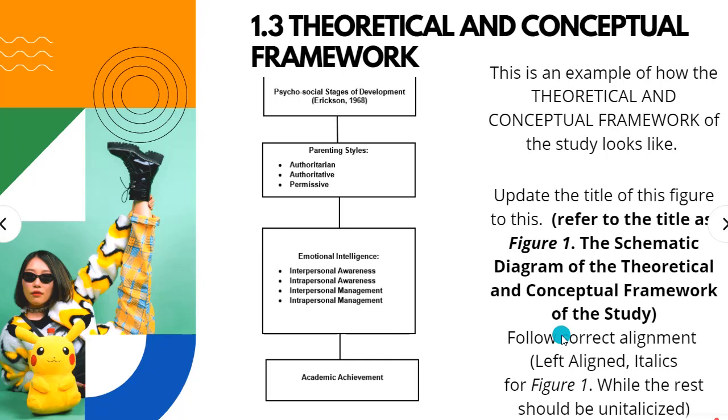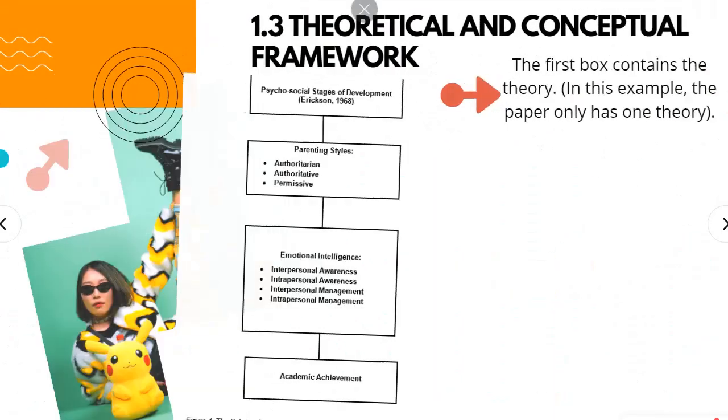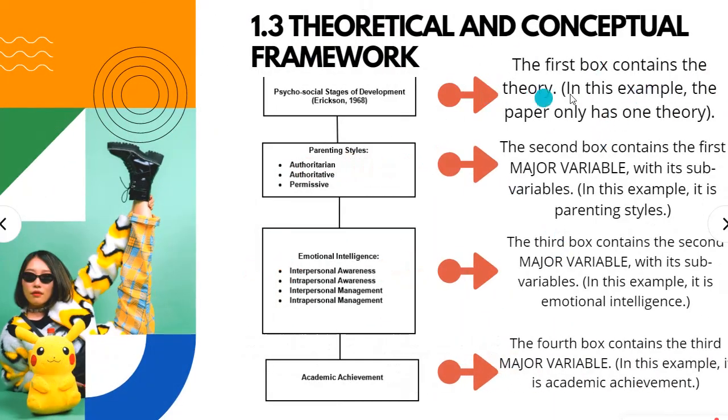The first box is the theory. If you have many theories, you can have many boxes too. It depends on you. The second box contains the major variable, the first major variable with its sub-variables. Next is the second major variable and its sub-variables. And the last one is the last major variable.